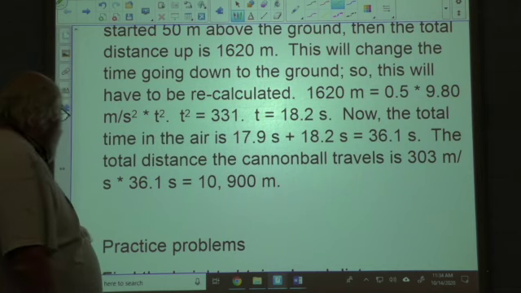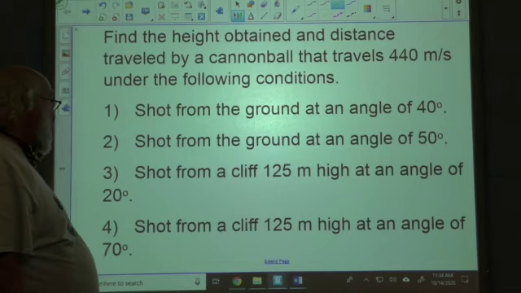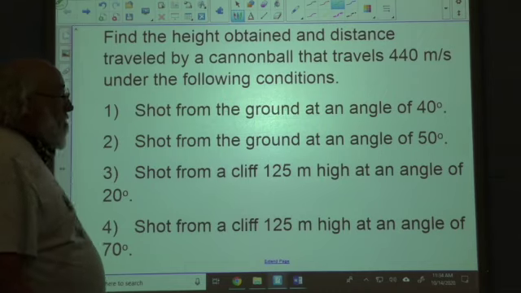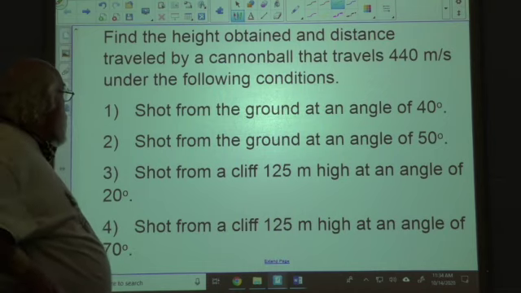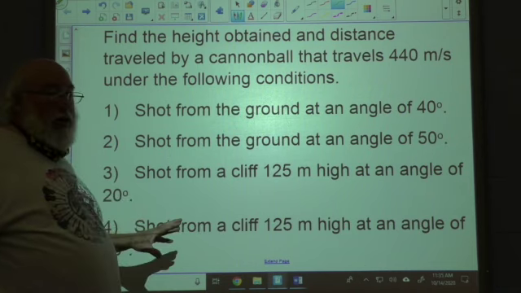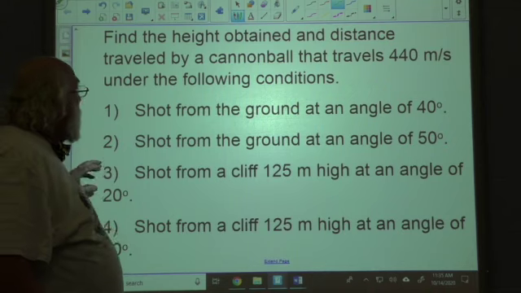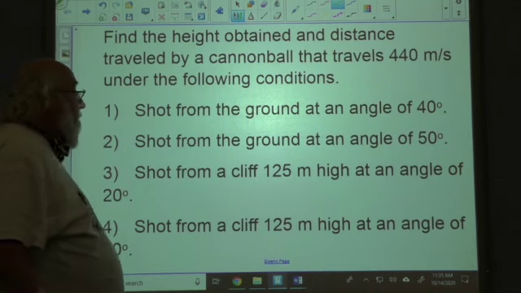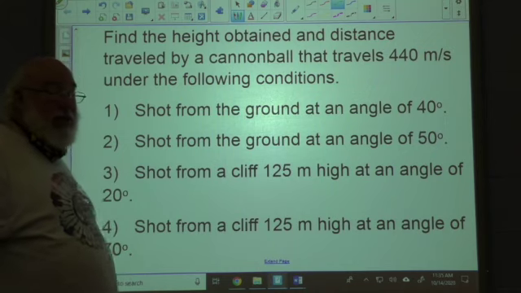Okay? So we've got some practice problems here, and I'm going to tell you right now about these practice problems. I'm intentionally trying to prove a point with these two and these two. If you get an answer for each pair of numbers for the distance traveled that seems kind of goofy, it's not.